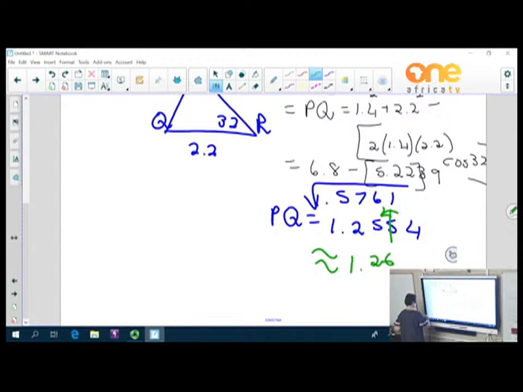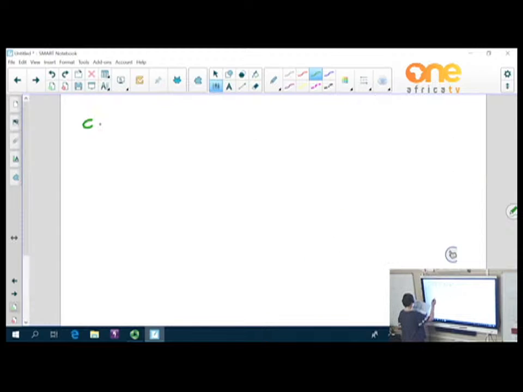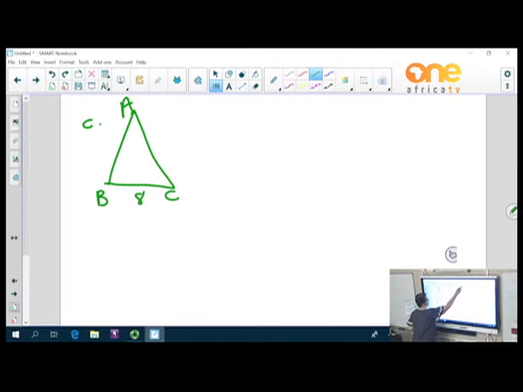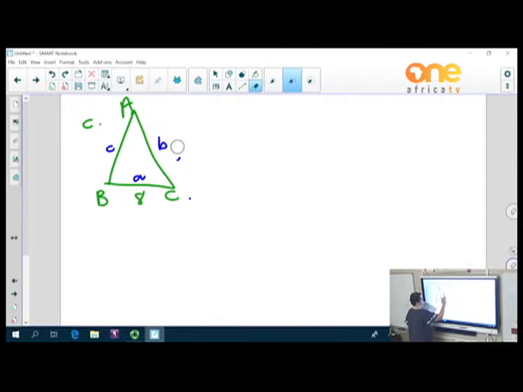Number C. So it is triangle ABC this time. A is 8, which is now this one. Let's just first label them again. This is A, this is B, this is C. So A is 8, C is 6. So there's the 6.